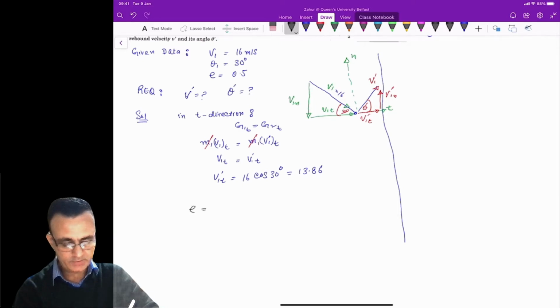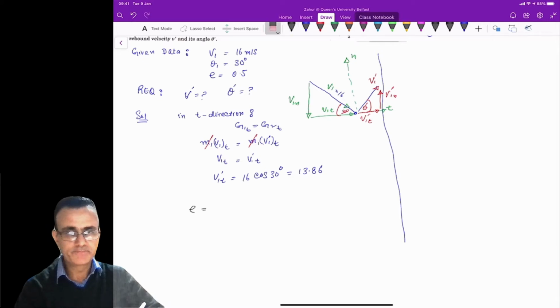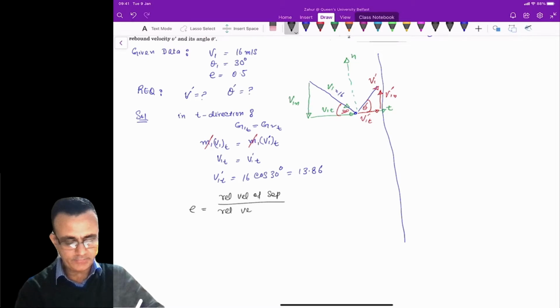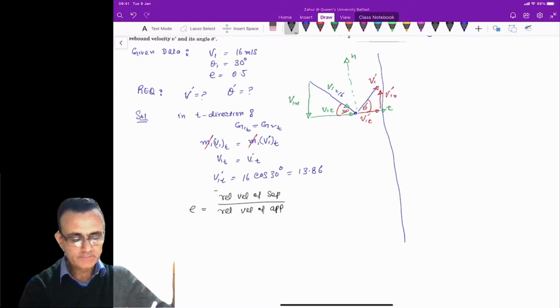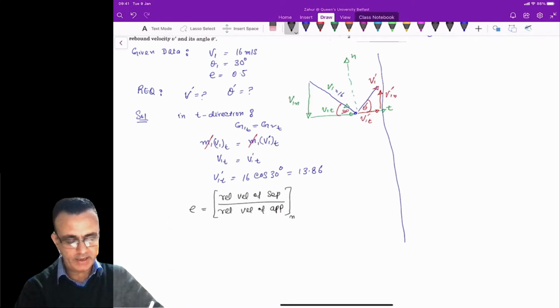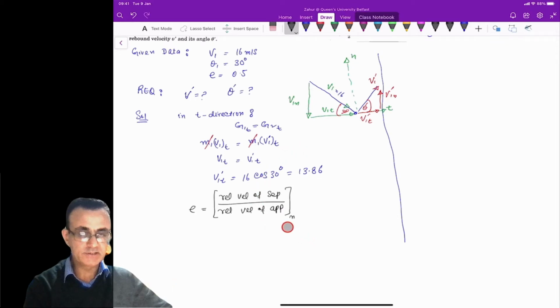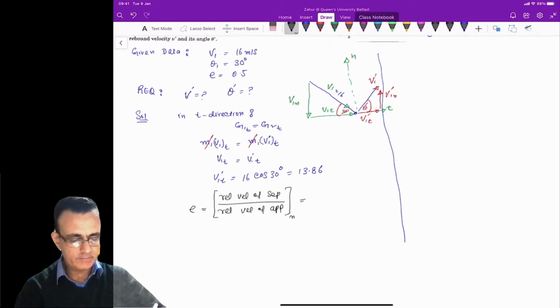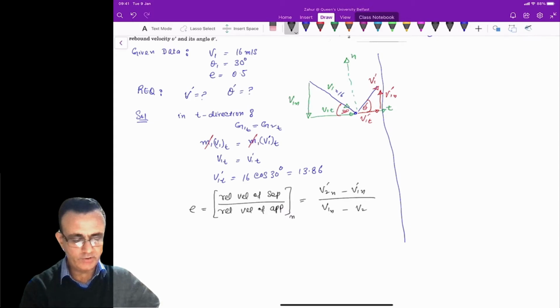So e is the relative velocity of separation divided by the relative velocity of approach, and this needs to be applied in the n direction, as we discussed in the theory. So it should be v2 dash n minus v1 dash n, over v1n minus v2n.